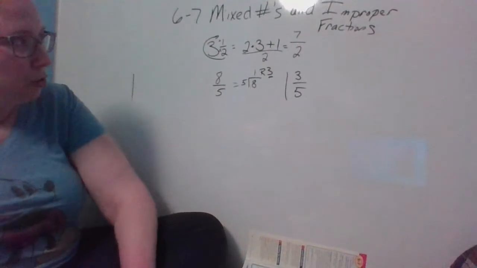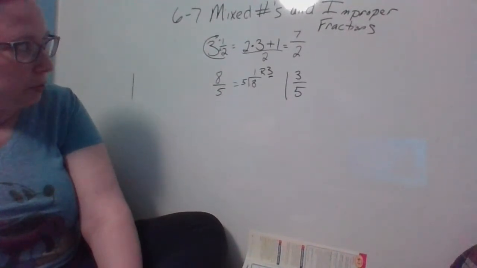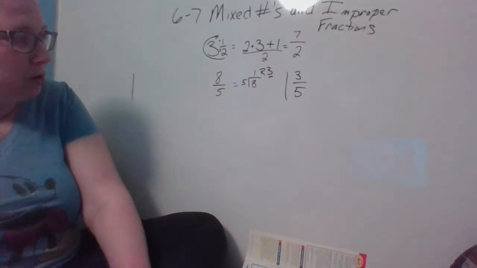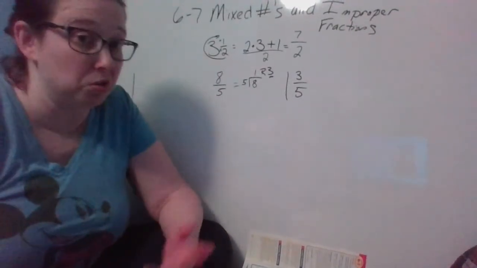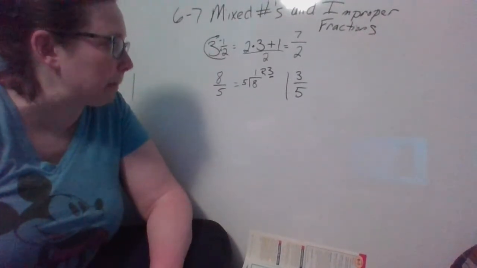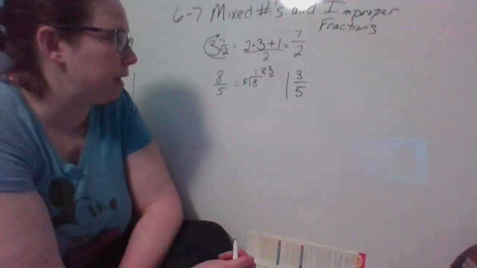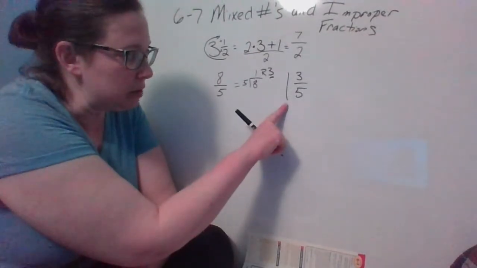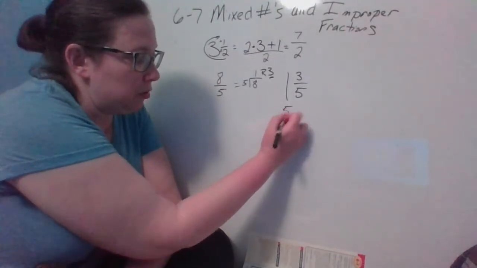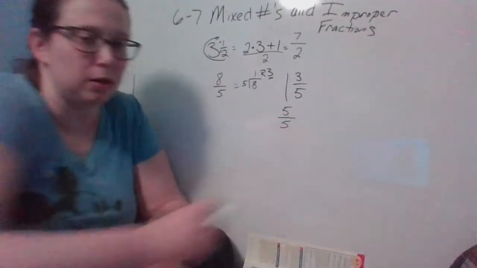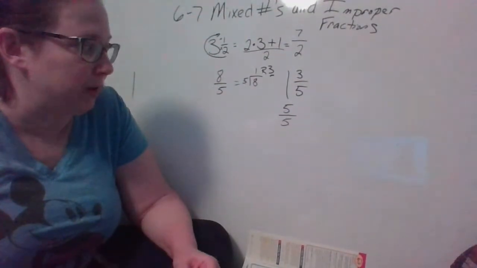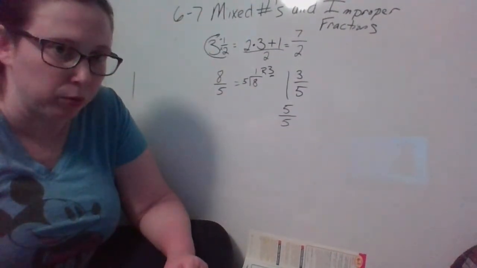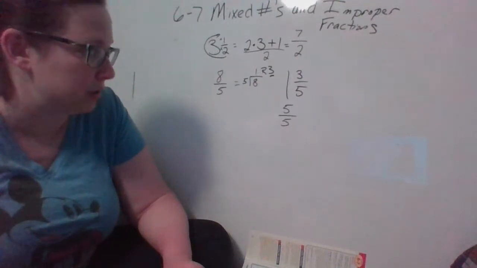Let me show you a little bit about why both of these happen, just to let you know why we're doing what we're doing. When you have a fraction as 1 here, what you're saying is it's 5/5. So if we're broken into fifths and we have 1 whole, that means we have 5/5.